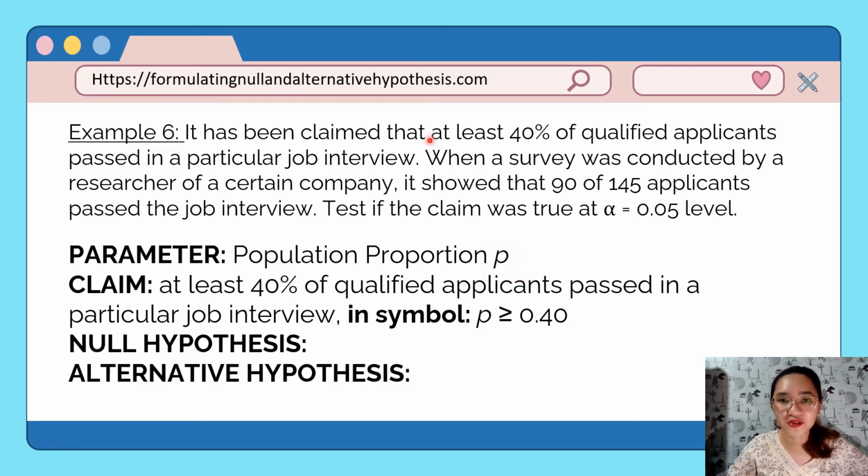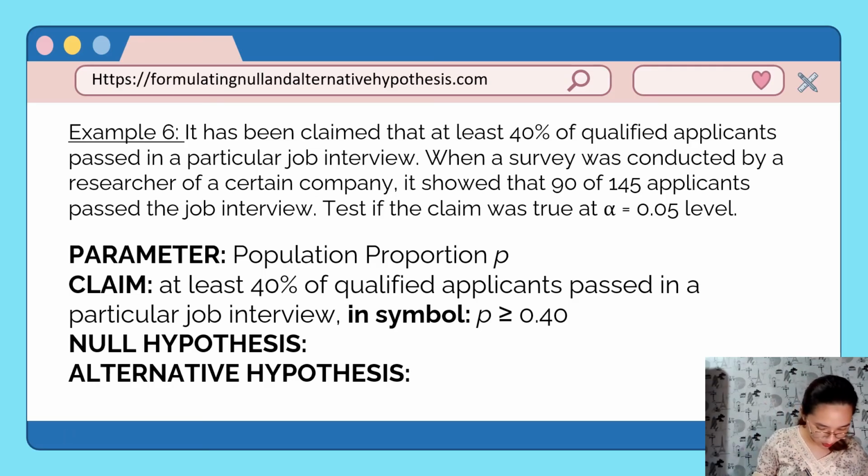Ayan. So, yung claim daw natin dito is at least 40% of the qualified applicants passed in the job interview. So, in symbol, it can be written yung at least as greater than or equal. Kaya, population proportion is greater than or equal 0.40. Kung mapapansin ninyo, magpo-fall pa rin po itong ating claim as the null hypothesis since meron siyang equal.